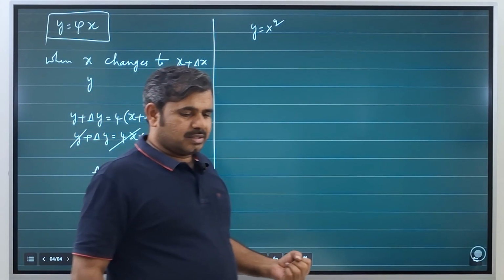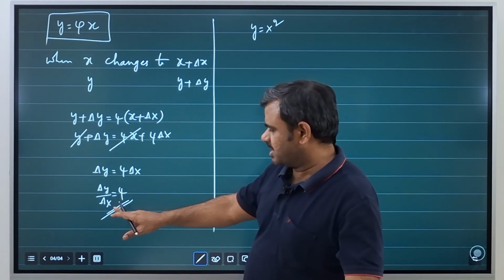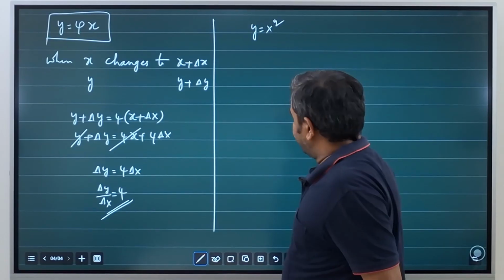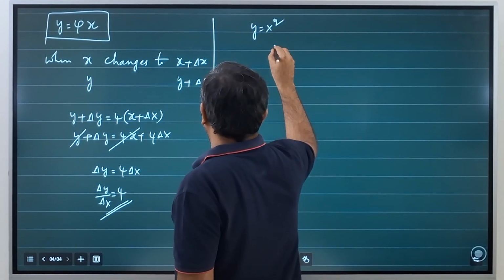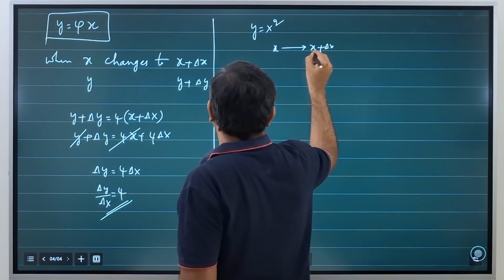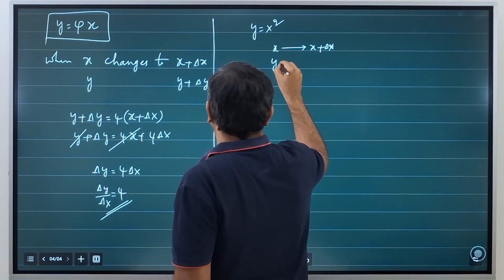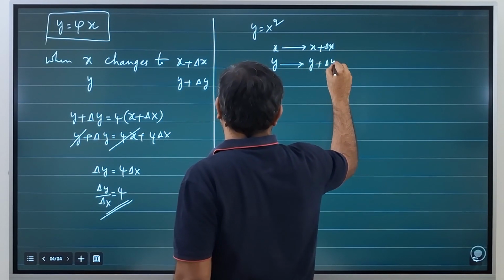Let's get the generalized expression of rate of change in y with respect to change in x. So if x changes from x to x plus delta x, y changes from y to y plus delta y.